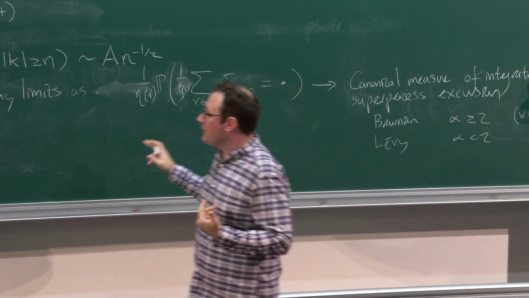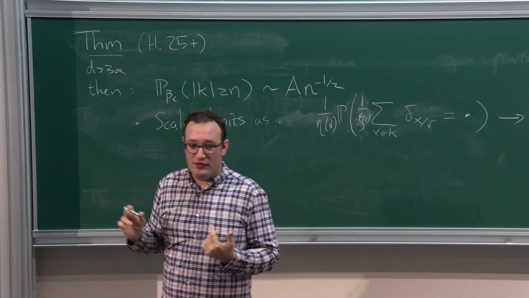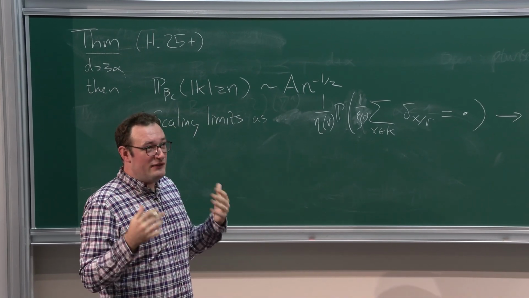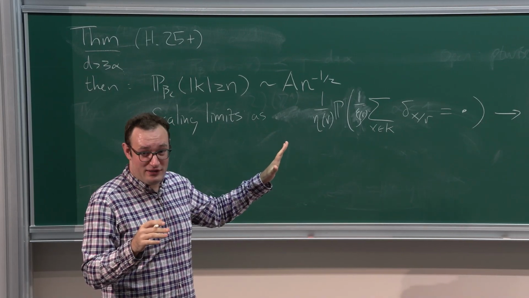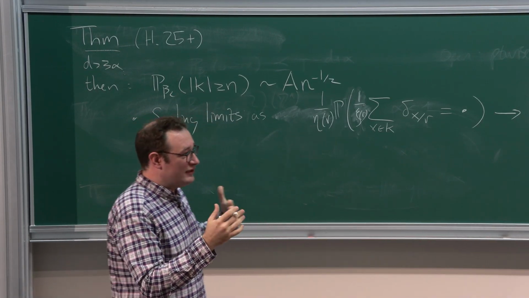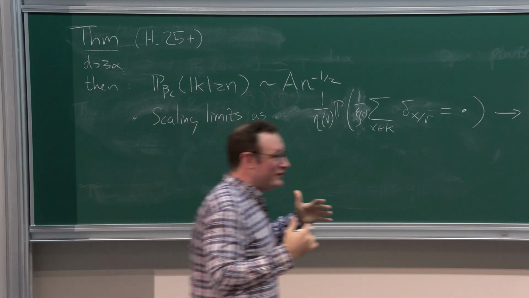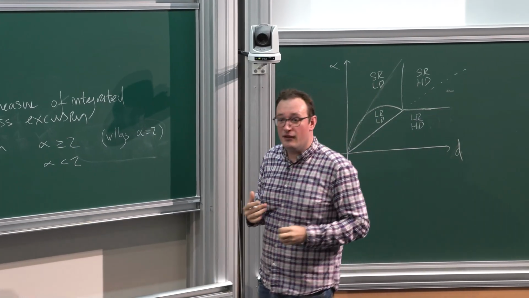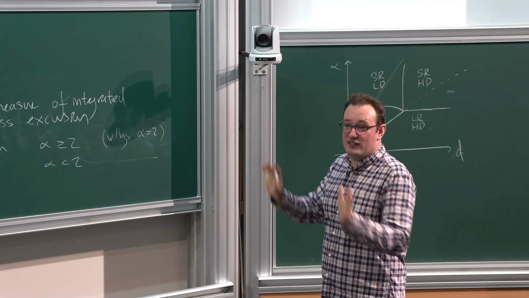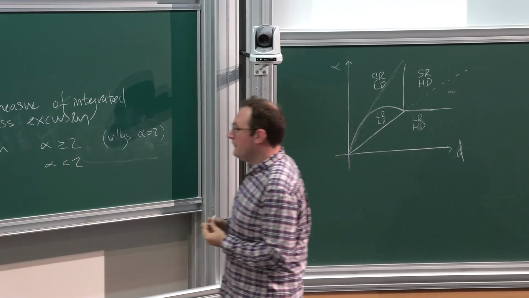You can think of d being bigger than 3 alpha as saying you're mean-field because the kernel is heavy-tailed enough, even without needing to know what the dimension is. Of course, you can be mean-field for more than one reason in this regime, but d bigger than 3 alpha is enough for our analysis to work.